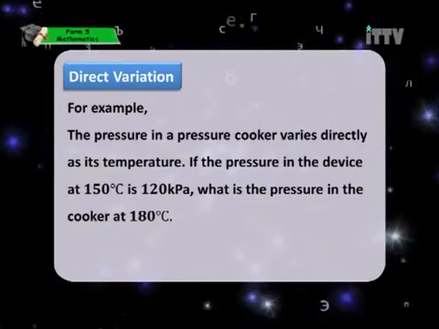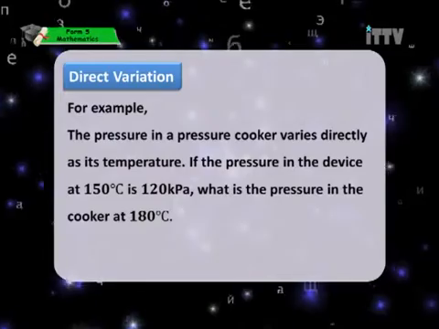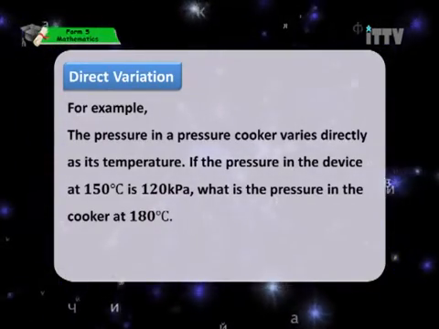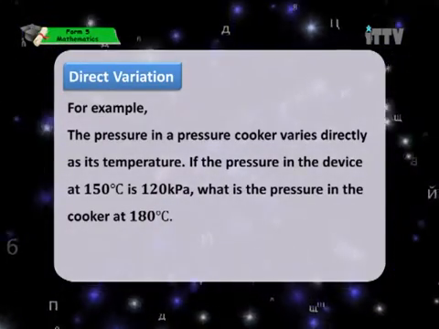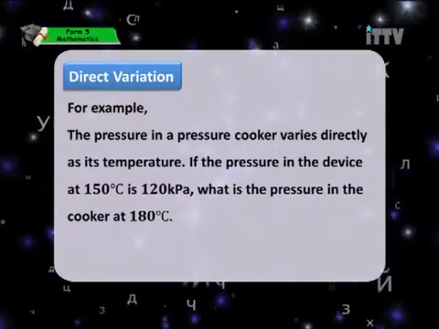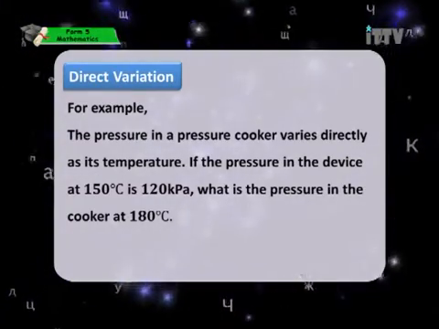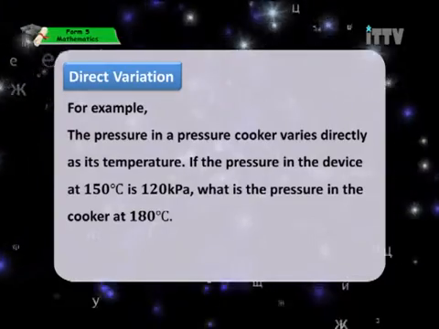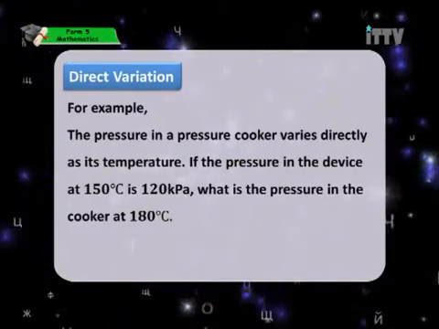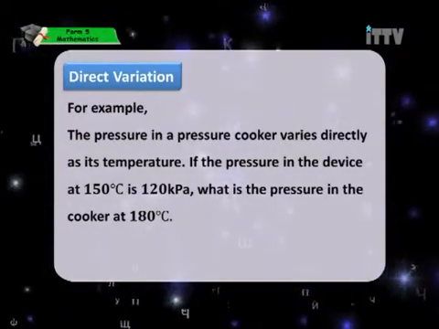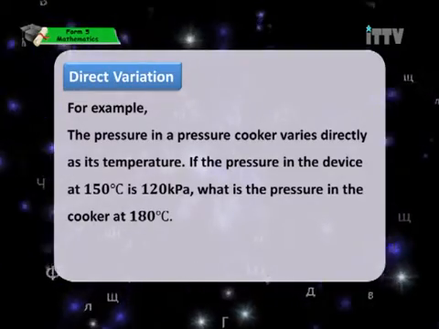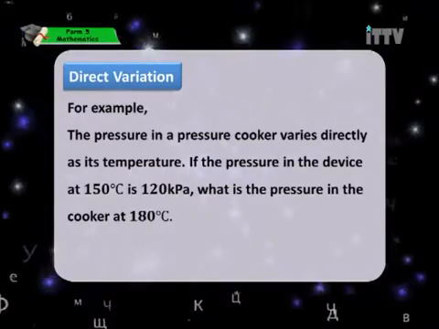So remember, let's take a look. For example, the pressure in a pressure cooker varies directly as its temperature. If the pressure in the device at 150 degrees Celsius is 120 kPa, what is the pressure in the cooker at 180 degrees?